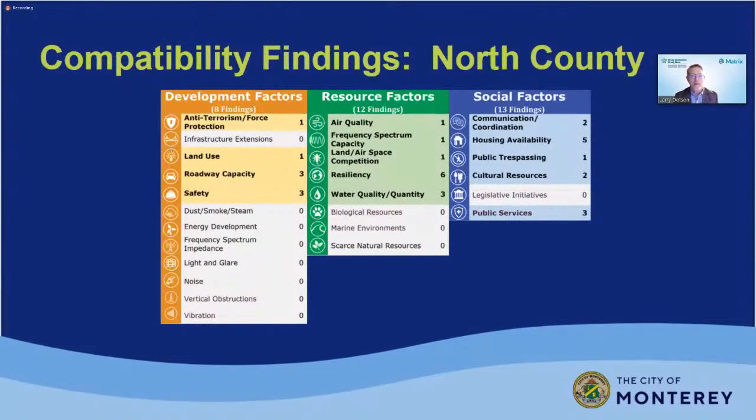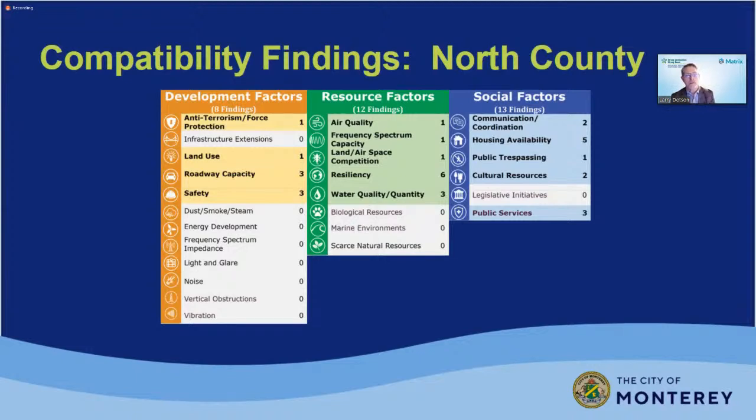So what we found, we analyzed the factors, we looked at the traditional development factors, which have evolved out of the encroachment challenges the military faced several years ago when the program started. We looked at land use, roadway capacity, and public safety issues.